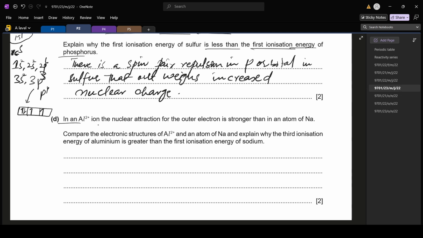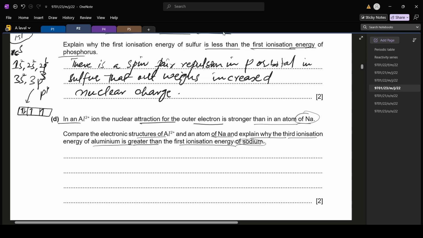Part D. In aluminum 2 plus ion, the nuclear attraction for the outer electron is stronger than in an atom of sodium. Compare the electronic structure of aluminum 2 plus ion and an atom of sodium and explain why the third ionization energy of aluminum is greater than the first ionization energy of sodium.